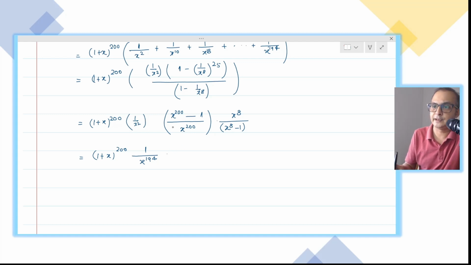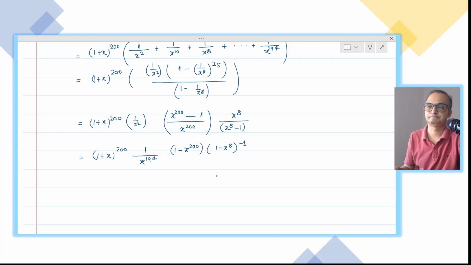And here I can reverse the signs of both of them, so I can write 1 minus x^200, and this I can write as (1 minus x^8) to the power minus 1.